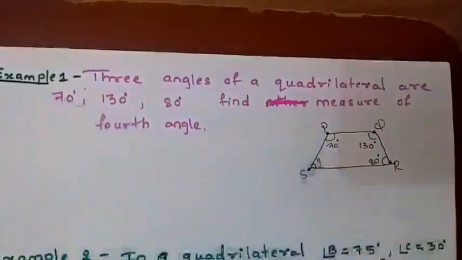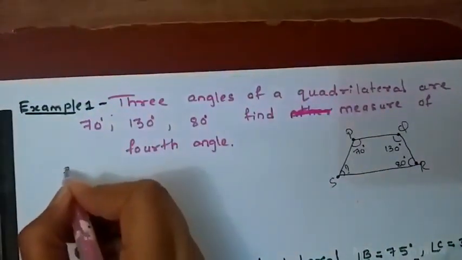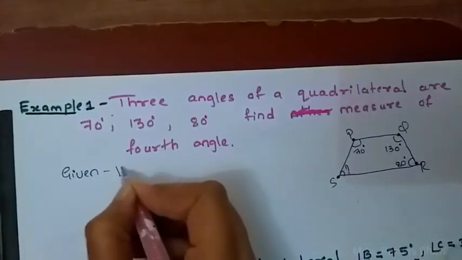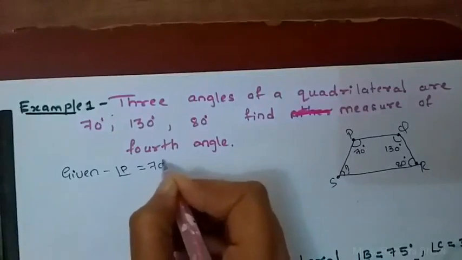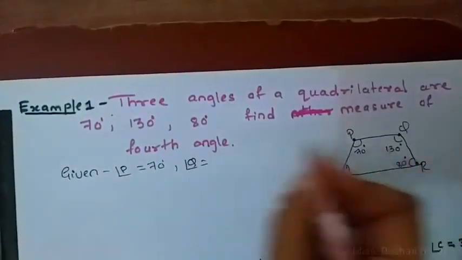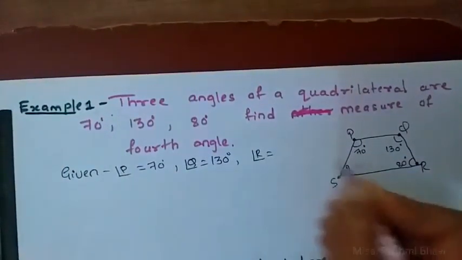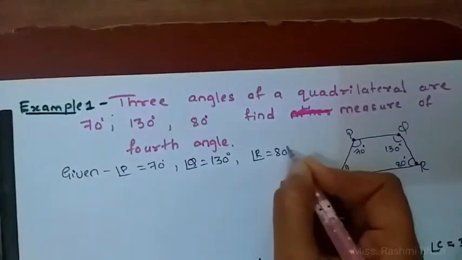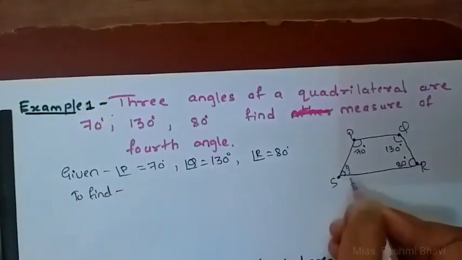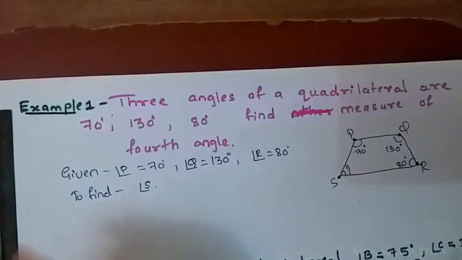Let's start the solution now. Given that angle P is equal to 70 degree. Angle Q is equal to 130 degree. And angle R is equal to 80 degree. To find the 4th angle, that is angle S. Let's start the proof.